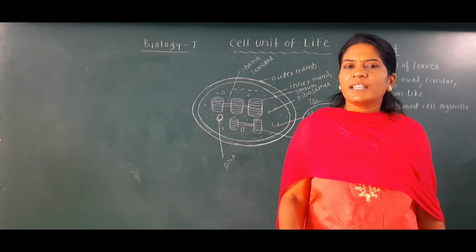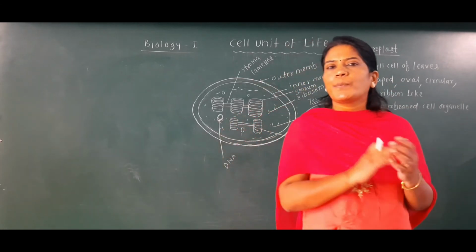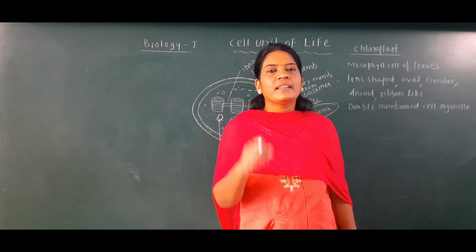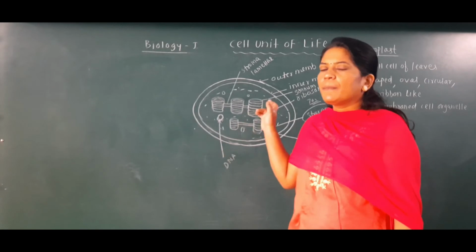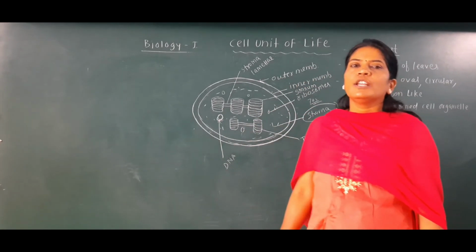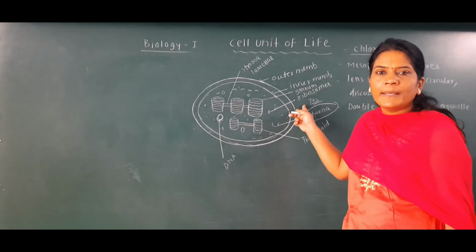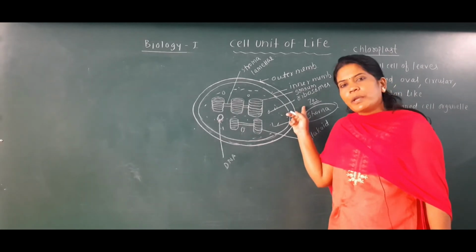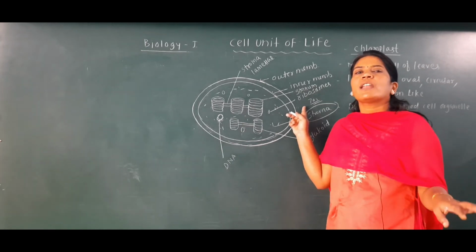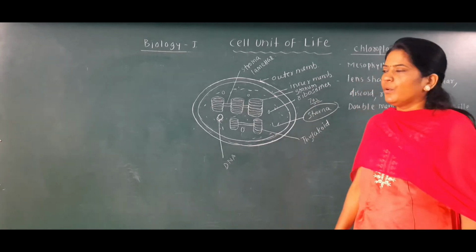So the important thing here is that the prokaryotic cell has the 70S type of ribosome and the eukaryotic cell has the 80S type of ribosome, but in the cell organelles of the eukaryotic cell, it may be mitochondria or it may be chloroplast, inside that cell organelle you can observe the 70S type of ribosome. It is not of the 80S type. In the eukaryotic cell, proper 80S ribosomes are present, but inside the cell organelles of the eukaryotic cell, you can observe the 70S type of ribosome.